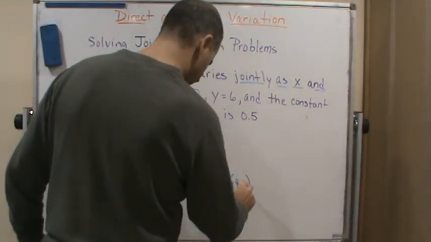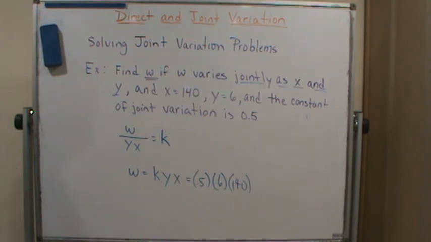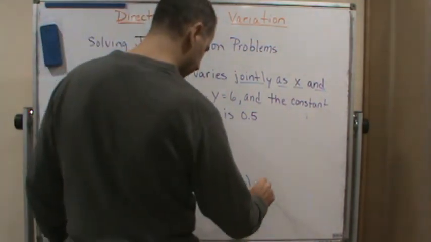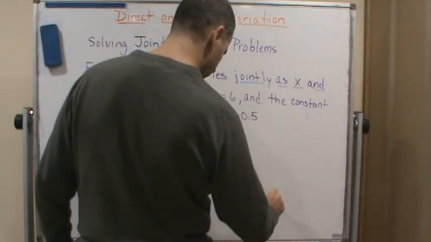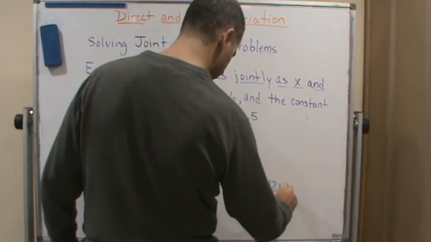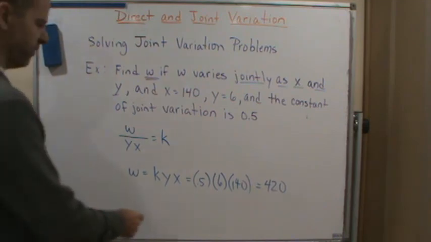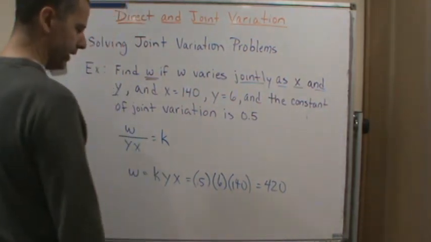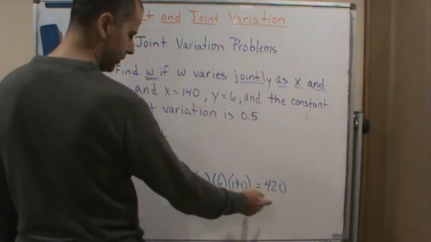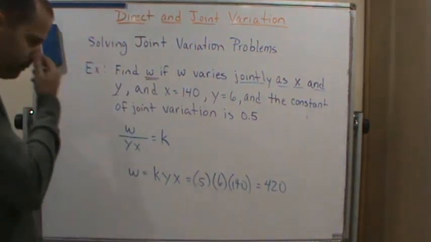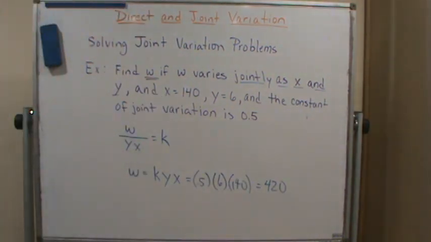Okay? So that means that this is going to be 420, right? Half of 140 is 70. 6 times 7 is 42. Add the 0. 420. Okay? So W is 420, and we solve the problem.